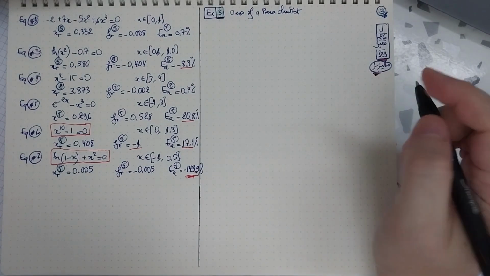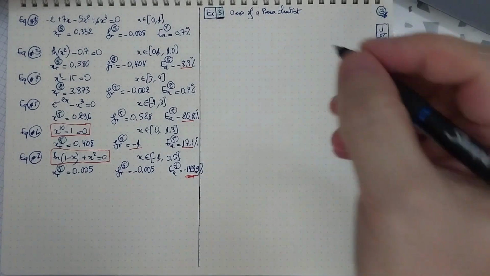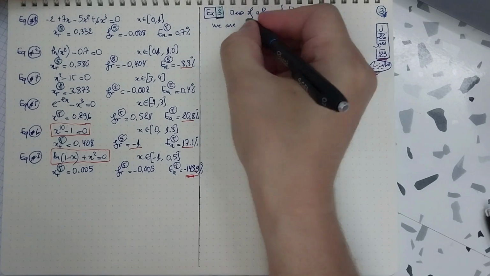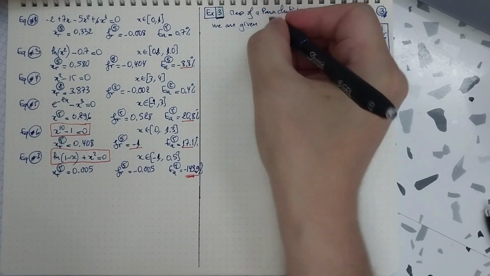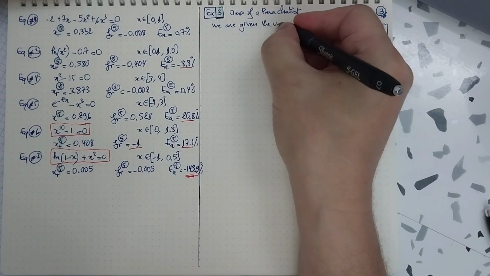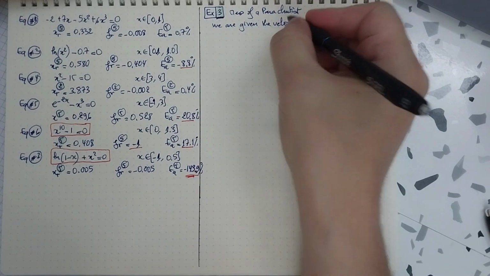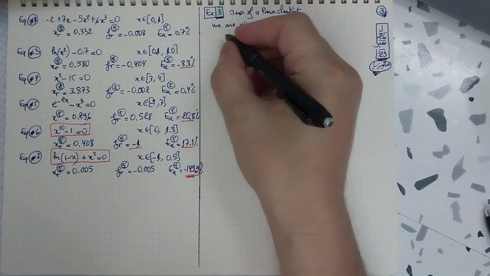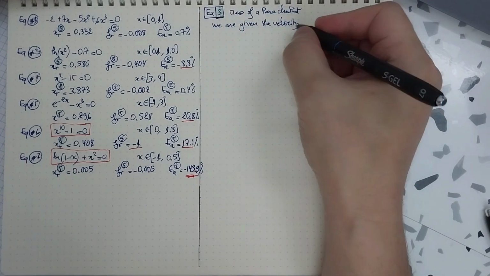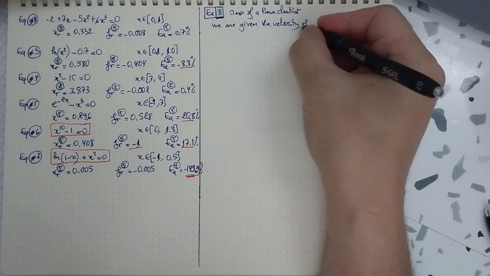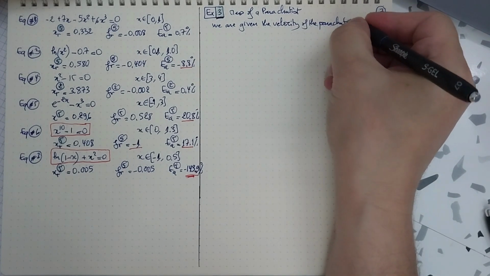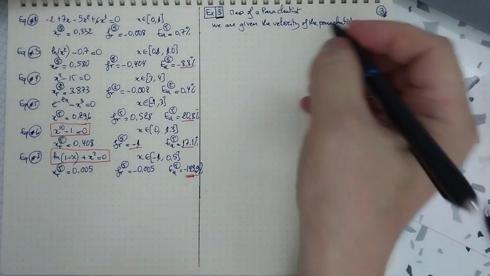Okay. So we are given the exercise. We are given the velocity of the parachutist. We have a parachutist falling, and its velocity is given by the following expression.